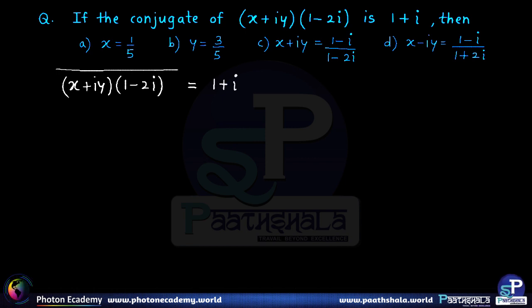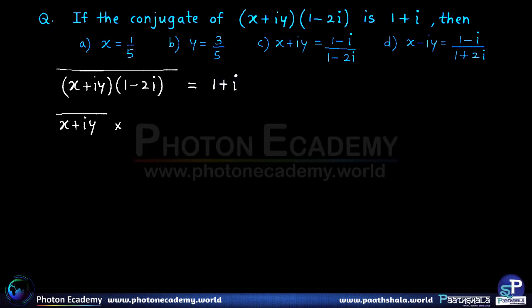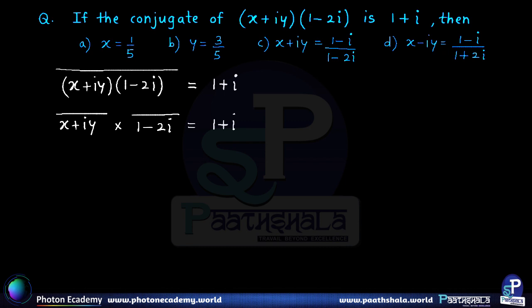By the property of conjugates we can break this into the conjugate of x plus iy into the conjugate of 1 minus 2i, which is equal to 1 plus i. The conjugate of x plus iy is x minus iy, and the conjugate of 1 minus 2i is 1 plus 2i, which is equal to 1 plus i.